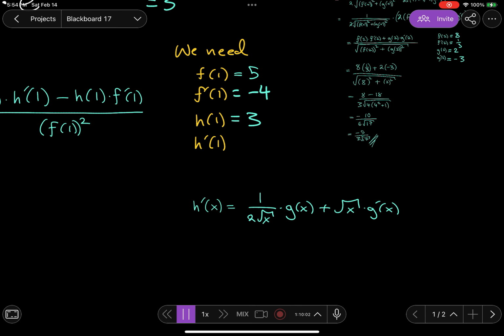And therefore, h prime of 1 is equal to 1 over 2 root 1 times g of 1 plus root 1 times g prime of 1. So we'll need to know what g prime of 1 is. G of 1 was 3. Then plus the square root of 1, which is just 1, times g prime of 1.